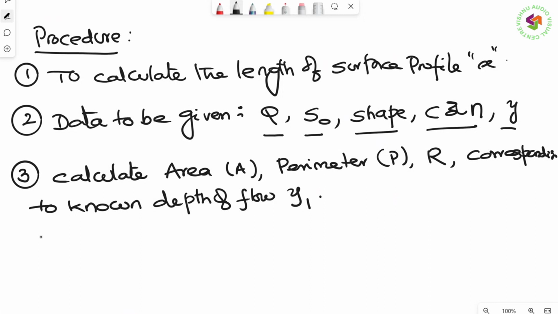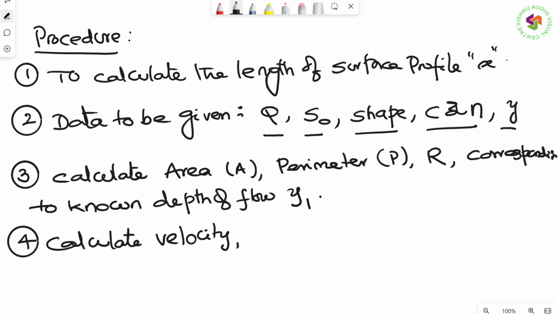Then knowing that, the next one is here itself, calculate velocity, velocity head, and specific energy at this section. These are the three.